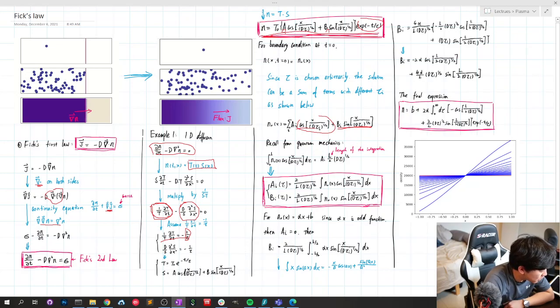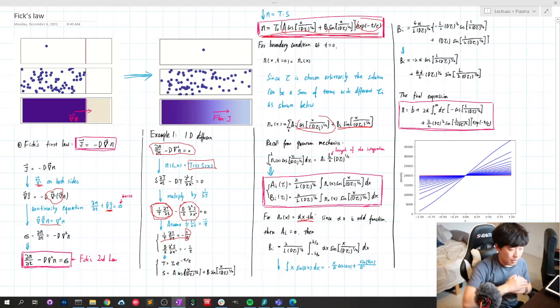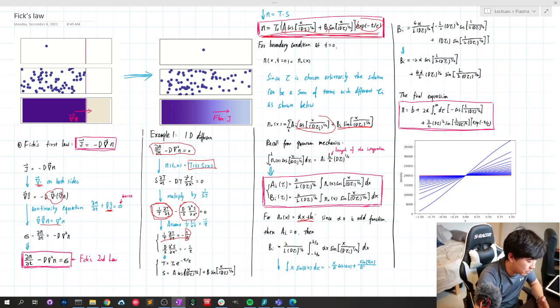Then we can use the same principle to calculate A_i and B_i. And then we use a real-life scenario, say n naught equals alpha x plus b. If we only look at alpha x, we can just add the constant at the very end. Since alpha x is an odd function, then A_i is 0.